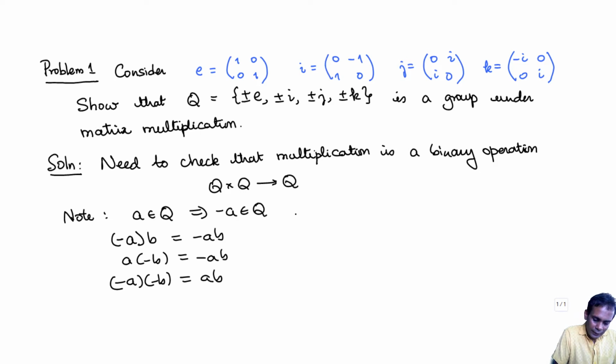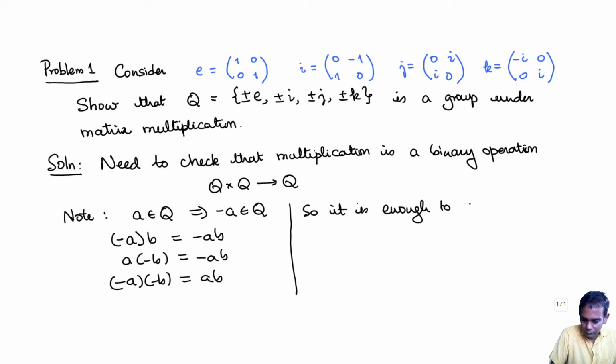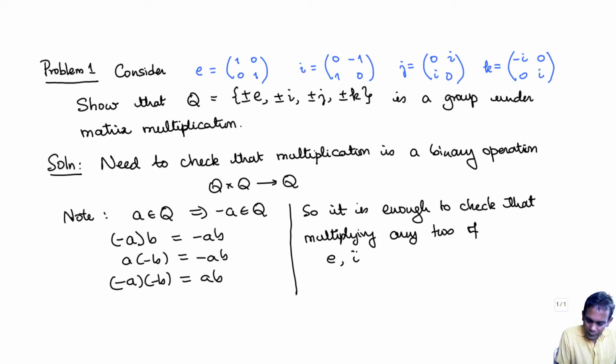It is enough to check that if you multiply any two of E, I, J and K results in an element of Q.